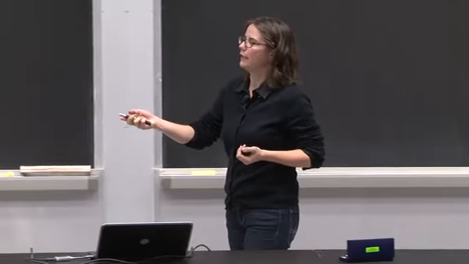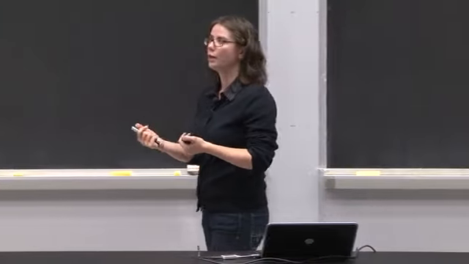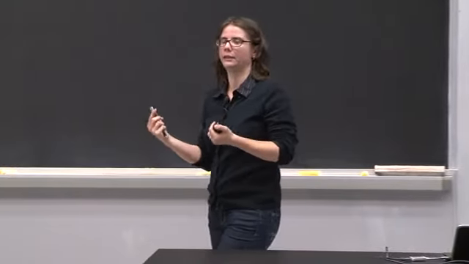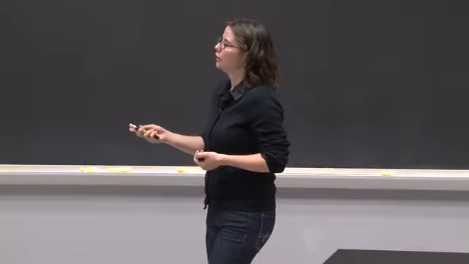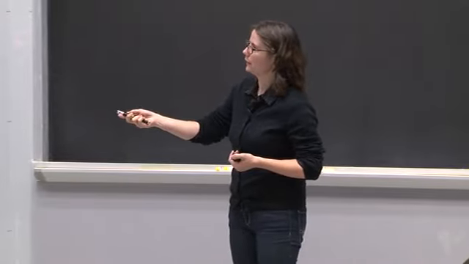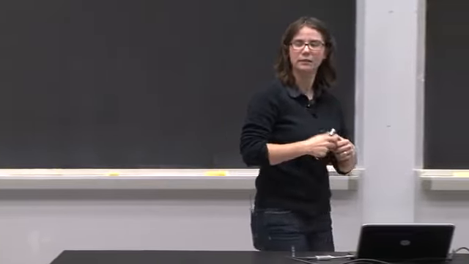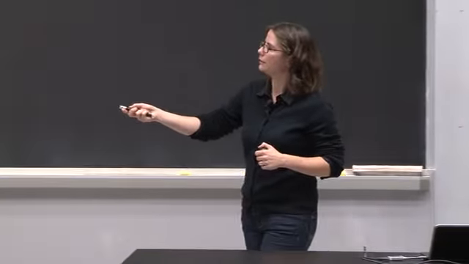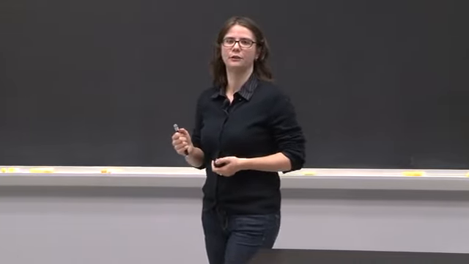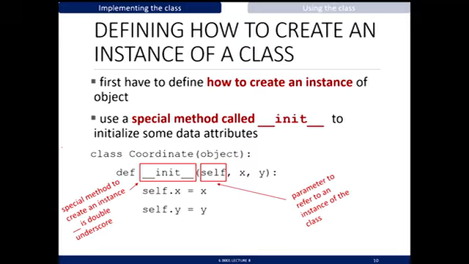But self is a placeholder for any instance when you create the object. So in the definition of the class, whenever you want to refer to attributes that belong to an instance, you have to use self dot, this dot notation.